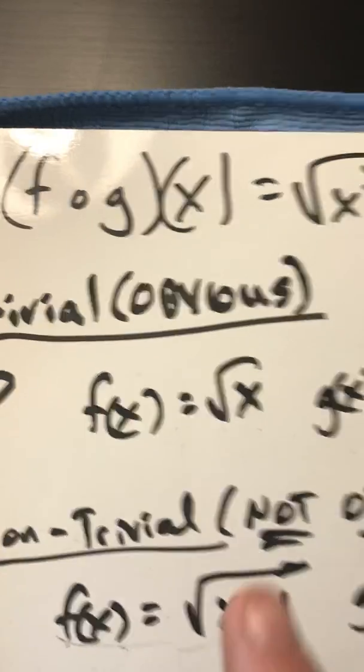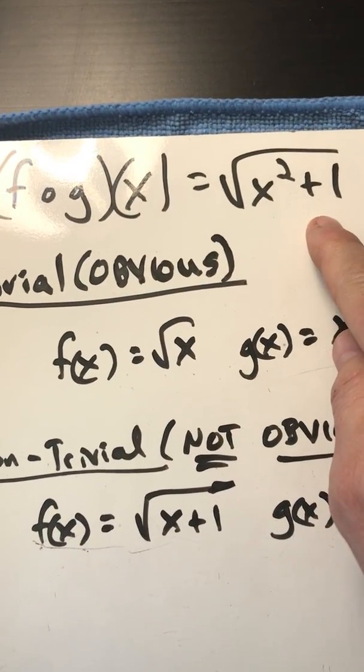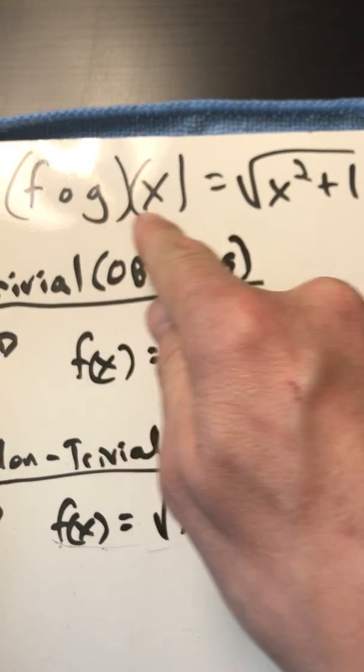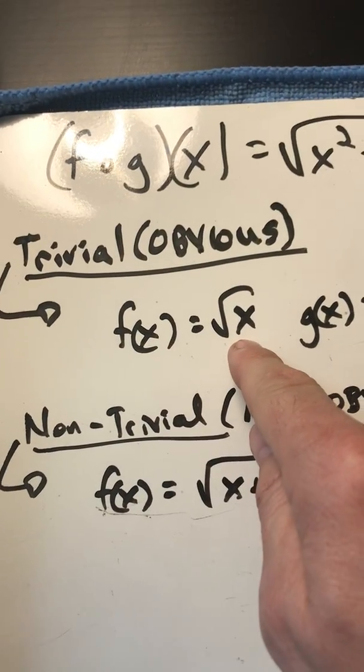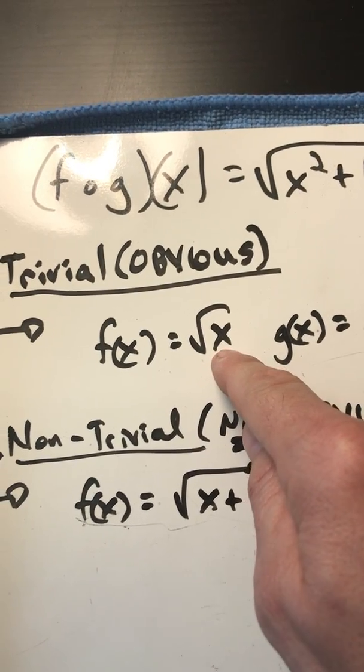So if you look at this, f of g of x equals x squared plus 1. Well, that means if you do the trivial version, f of x would be the square root of x. F of the parentheses would be the square root of the parentheses.